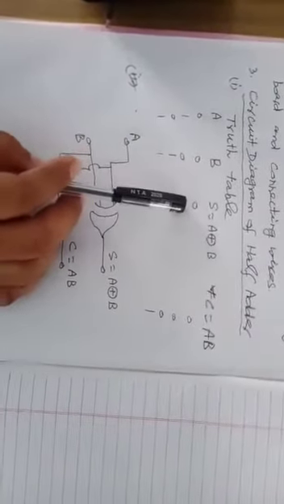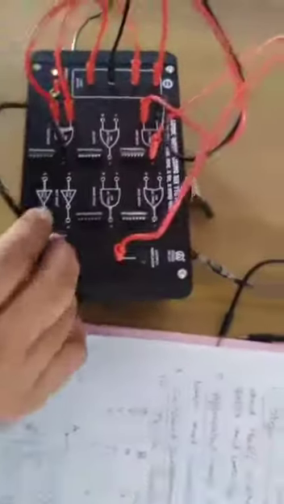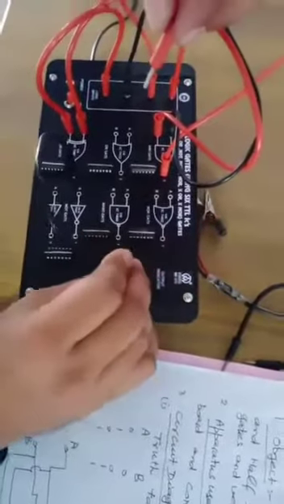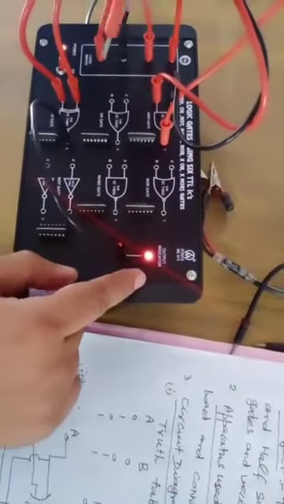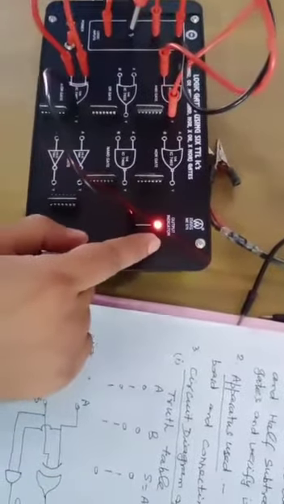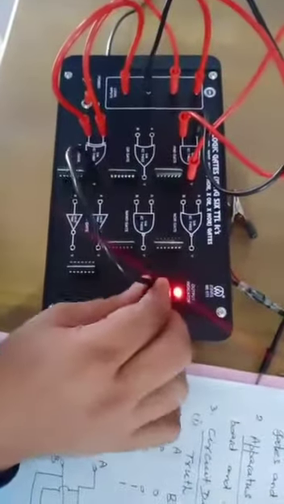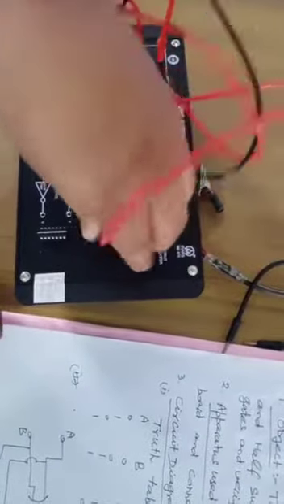In this condition sum must be 1 and carry must be 0. Let us check. See, at this time sum is 1, means LED glow. And what about the carry? Carry is 0. It is not glowing.